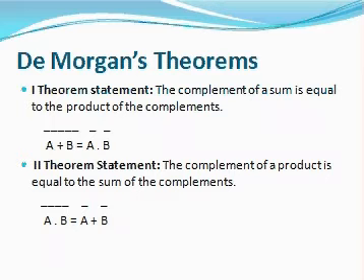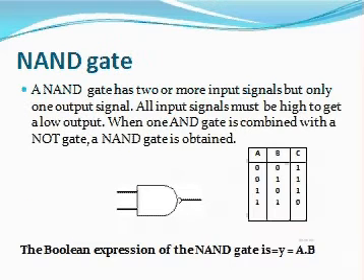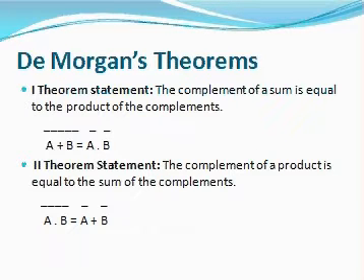So using Boolean algebra and De Morgan's theorem, we can simplify any of the logical expressions. De Morgan's theorems are also used to convert any logical expression into sum of products form or product of sums form, and to simplify Boolean expressions easily.